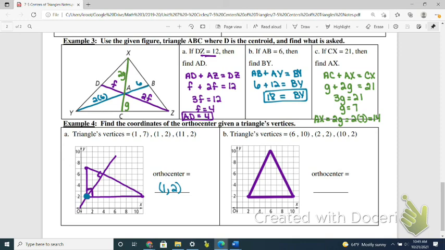Now what you're going to do is line up the bottom of your ruler on each side, and we are going to make perpendicular lines from the vertex to the opposite side.